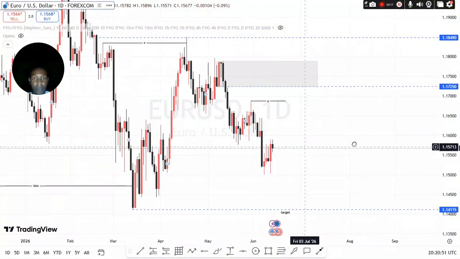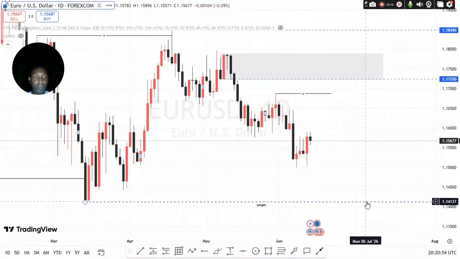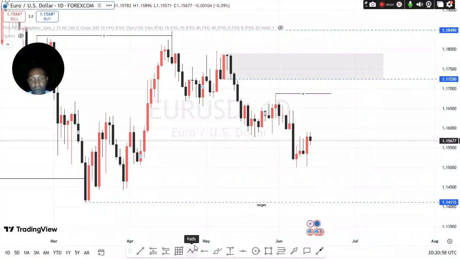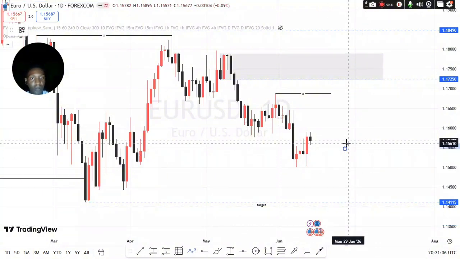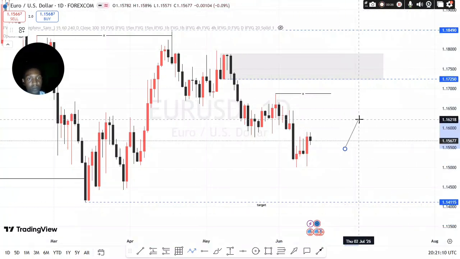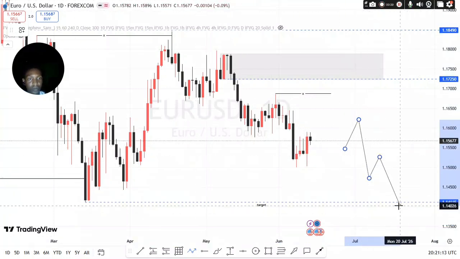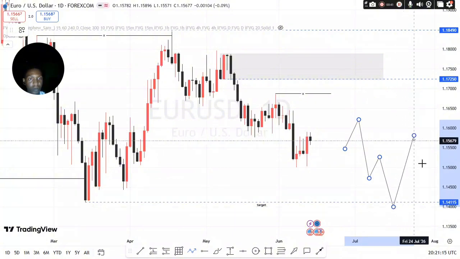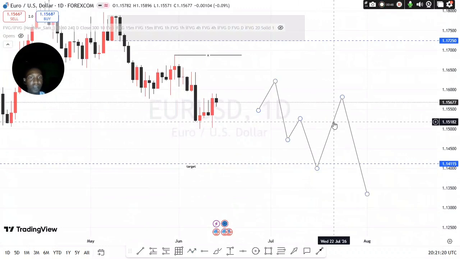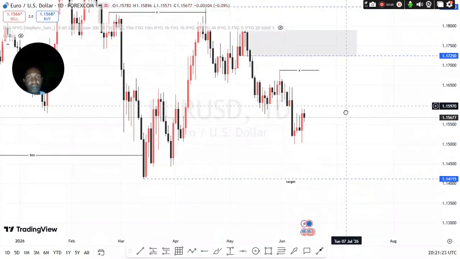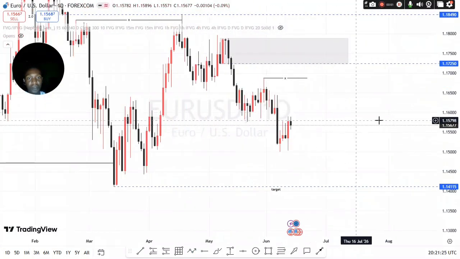This is what I was saying the last time: I expect EU to have this kind of formation, then come to another block and keep selling. That is what we want to achieve with EU here. That is my whole ideology on EU.